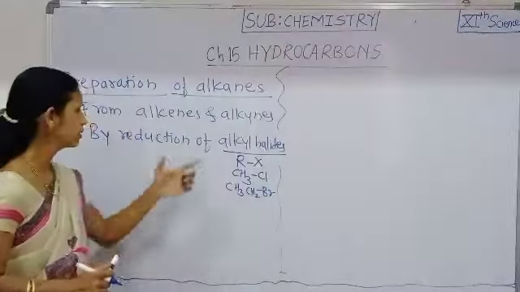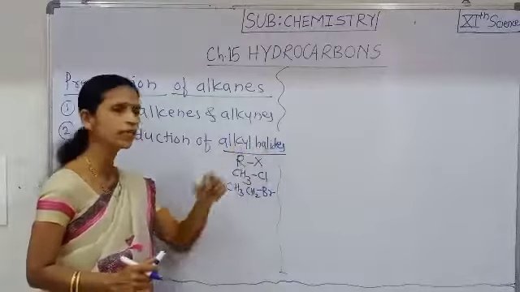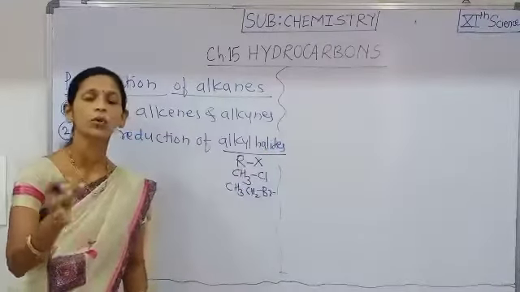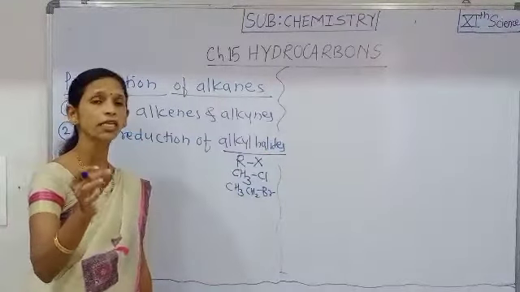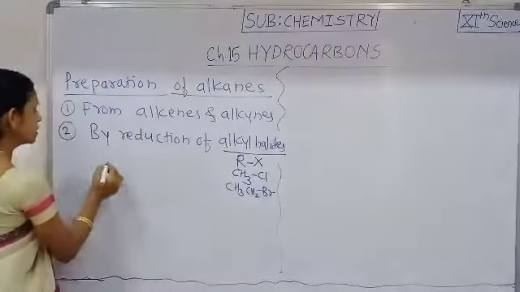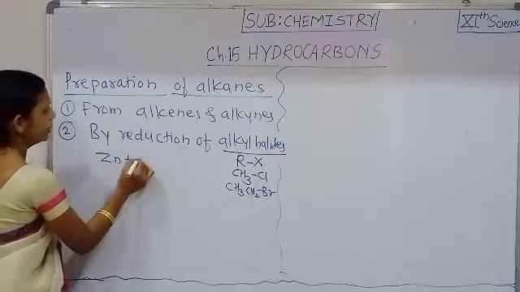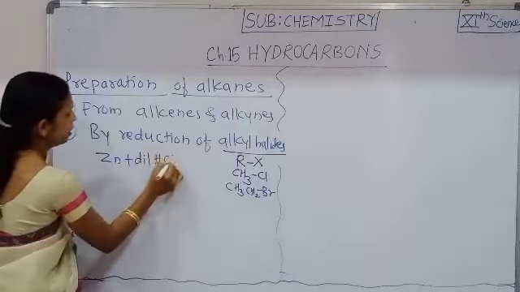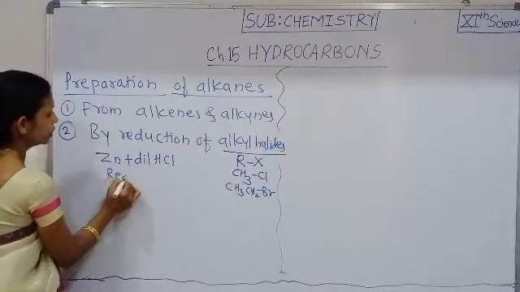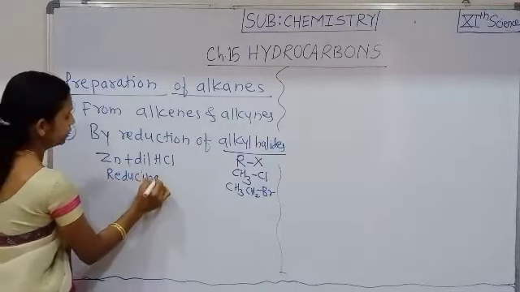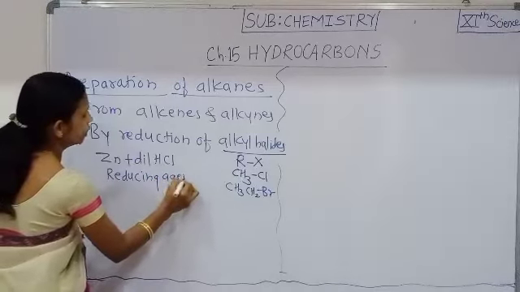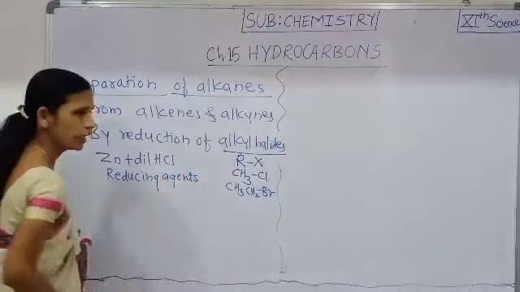For reduction of alkyl halides, a particular reducing agent is used, that is zinc and dilute HCl, which acts as a good reducing agent and reduces the alkyl halide.